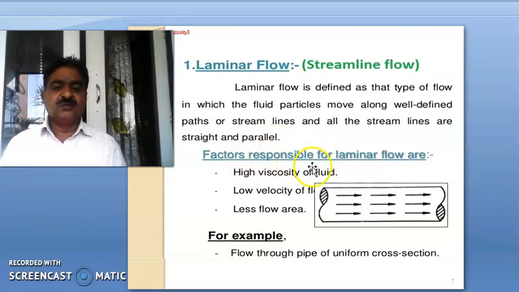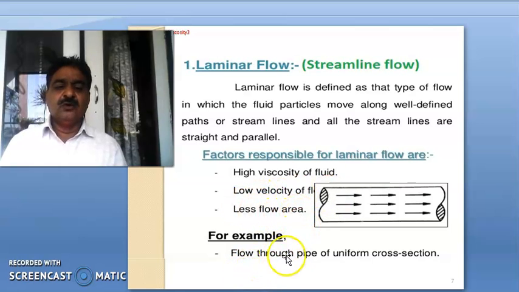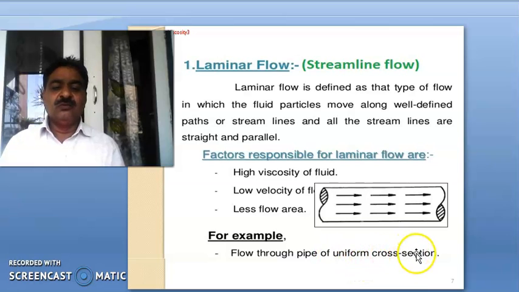The factors responsible for laminar flow are high viscosity of the fluid, low velocity of the fluid, and less flow area. For example, flow through a pipe of uniform cross section gives a uniform flow, which is laminar flow.